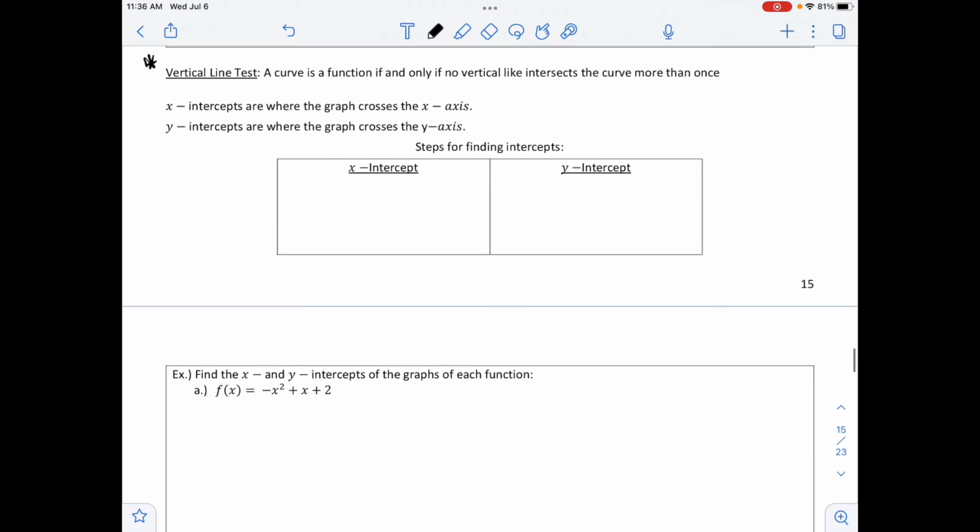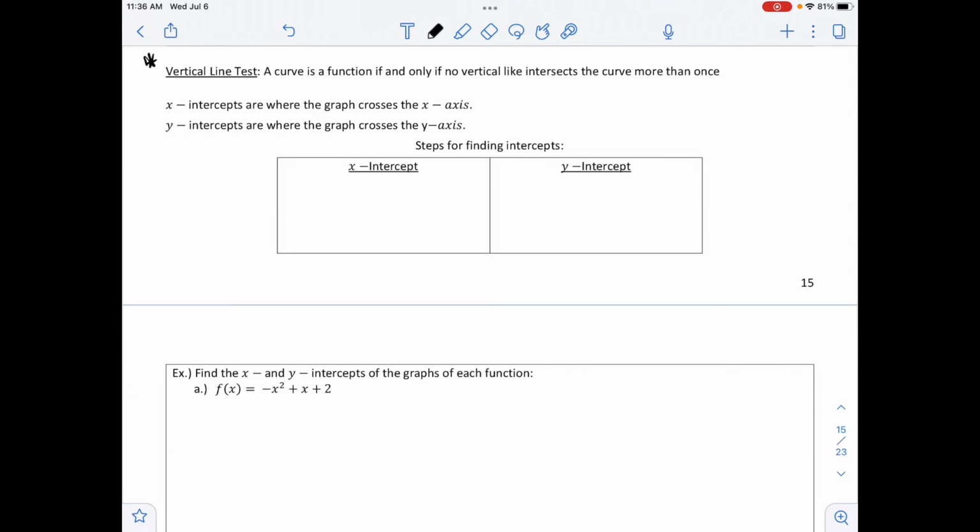Right below the vertical line test, we have the x and y intercepts. And so an x-intercept is where the graph crosses the x-axis, and a y-intercept is where the graph is going to cross the y-axis. Steps for finding these intercepts are definitely something we need to know. This is also a way to graph linear equations. And so the x-intercept for this, we're going to set y equal to 0 and solve for x.